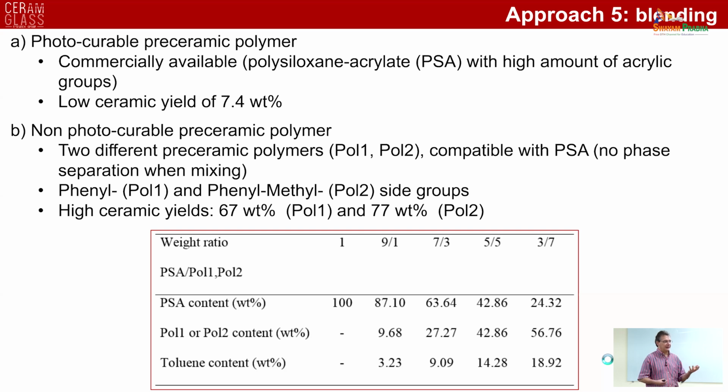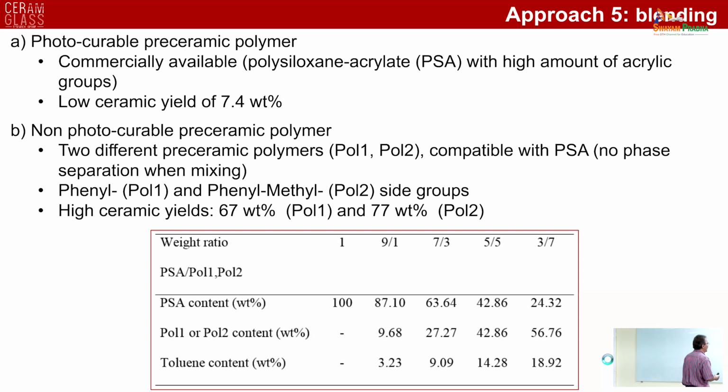On one side, the photocured network, and on the other side, the network generated by the preceramic polymer. And of course, in order to have a correct, interconnected phase separation, spinodal phase separation, you need to control the mutual solubility and compatibility of the polymers in terms, for instance, of hydrophilicity and hydrophobicity.